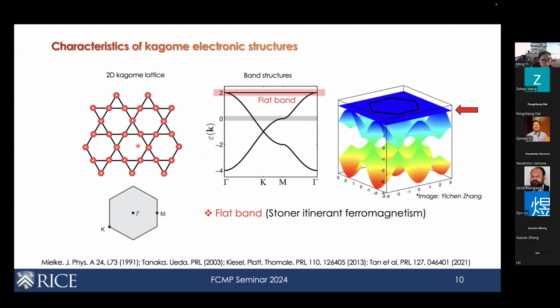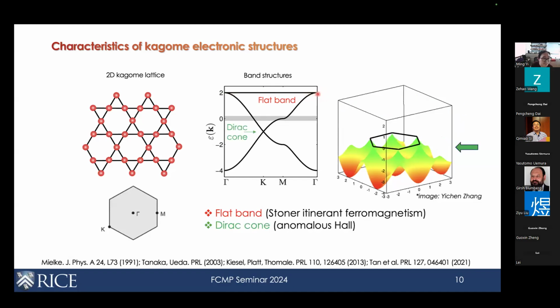If we tune our chemical potential to be in the flat band, this will give us a large density of states, and at least one of the competing ground states will be a form of Stoner-type itinerant ferromagnetic order. The second key signature of a Kagome lattice is a Dirac cone at the K point of the Brillouin zone.